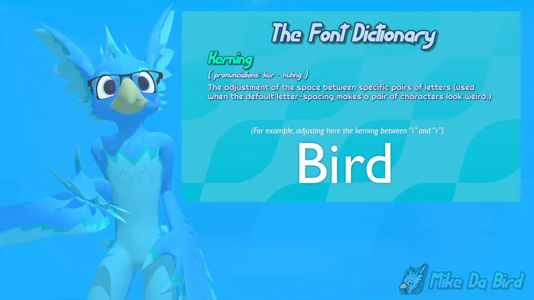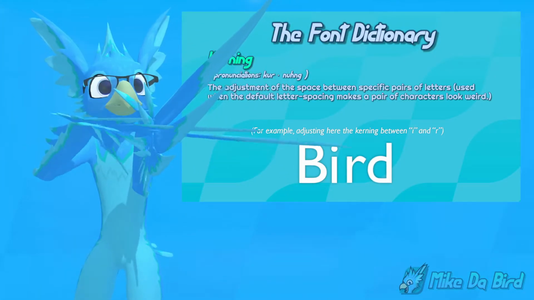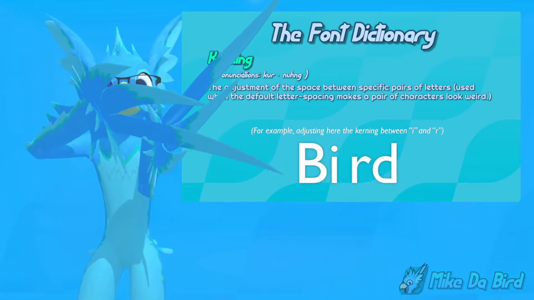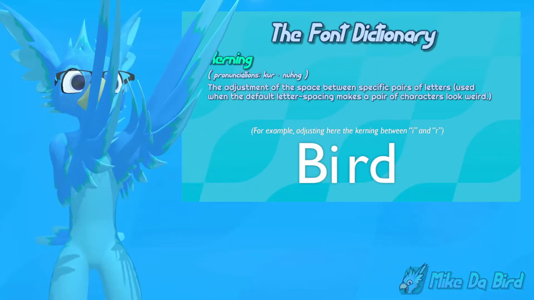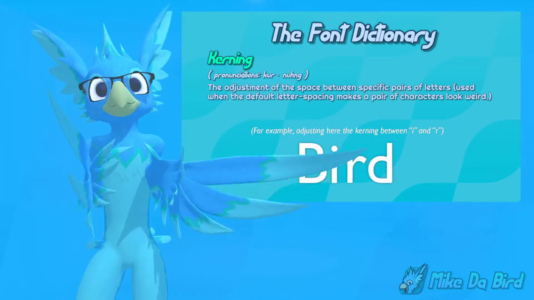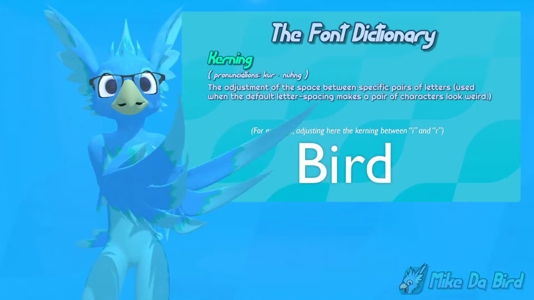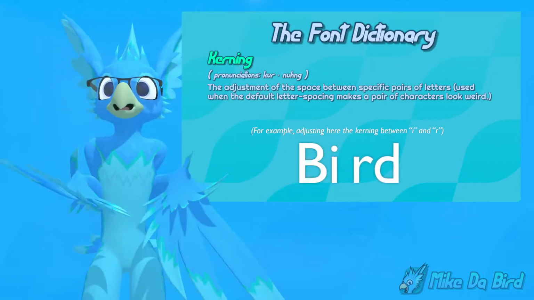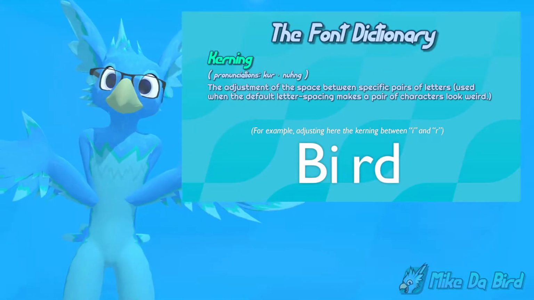But then you would put maybe Q and J, and the stem of the Q will overlap the line of the J. So in that case, you'd put a kerning on that pair to actually space them out just a tiny bit on that specific set of letters. So that's the way to make your font look a bit more readable in loads of cases.